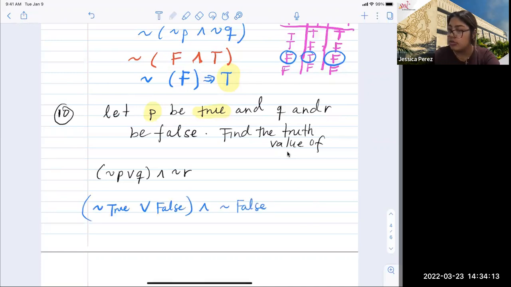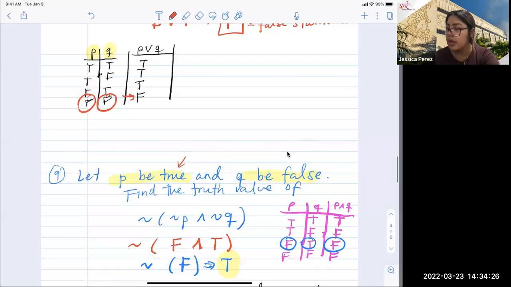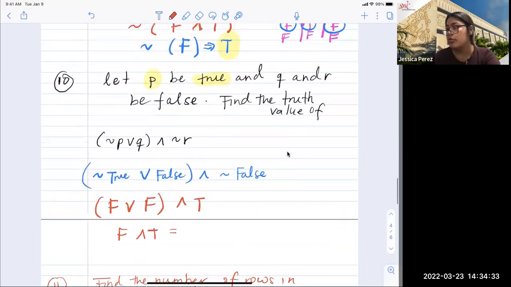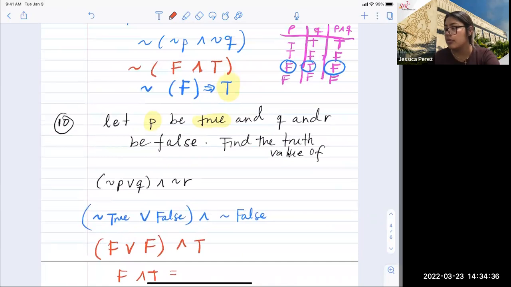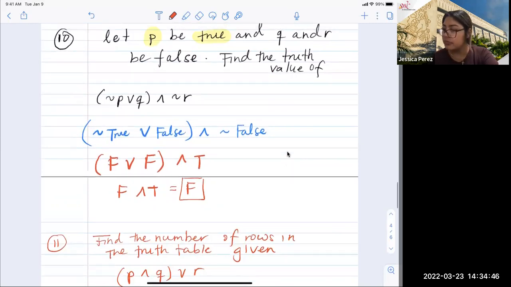So if it's not true, then we have a false statement or a false, and then we have an and true, right? So false or false, we go back up top, false or false, we get a false. So from here, we get F and T. False and true, we get false. And so our answer will be false at the end of the day. Okay. Working from inside out.